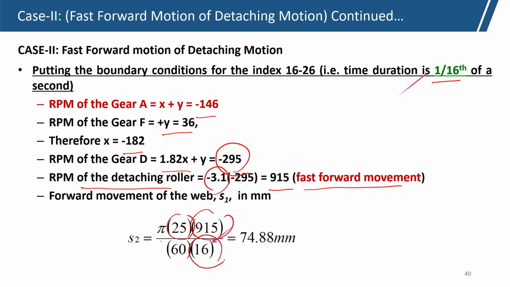So, it is moving at that speed 915, and for 1/16th of a second total movement in the positive direction, that means forward movement, will be 74, that is the fast forward motion plus.